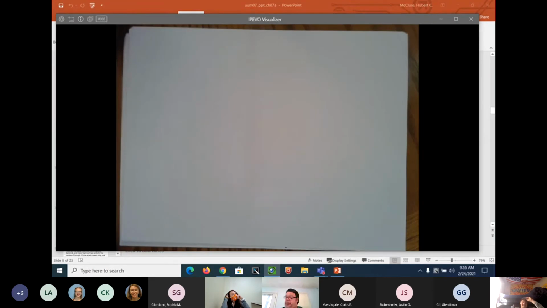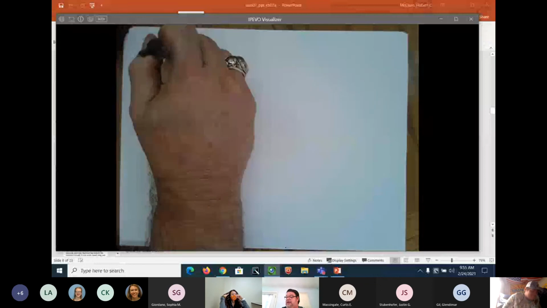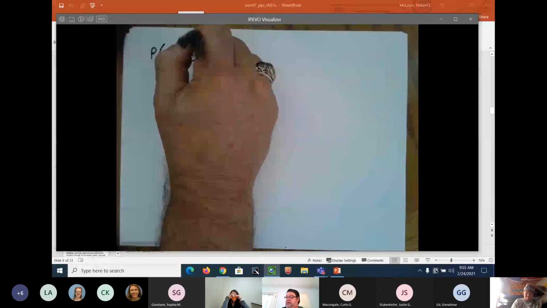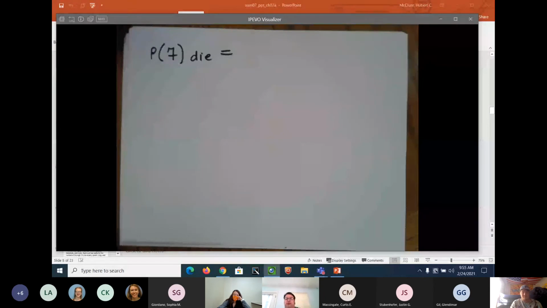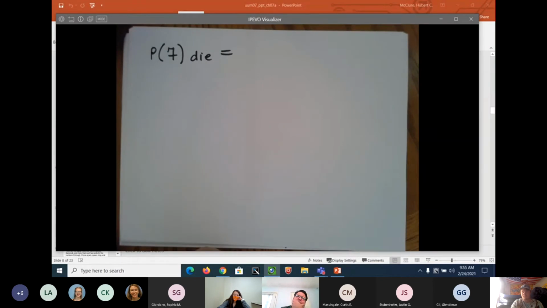How about the probability of a 7 on a die? This question is actually on a standardized test, and it's on my test. What is the probability of a 7 on a die? 0. Good job. There ain't no 7 on a die.